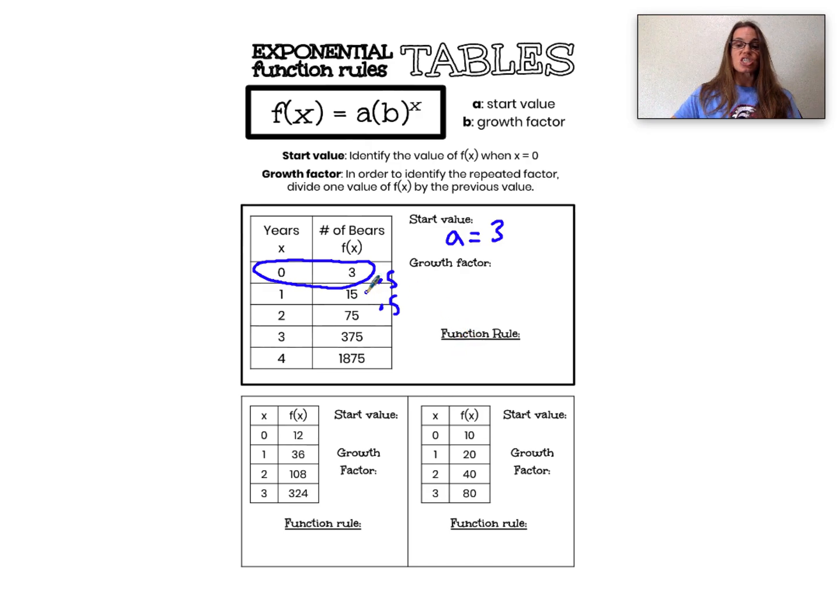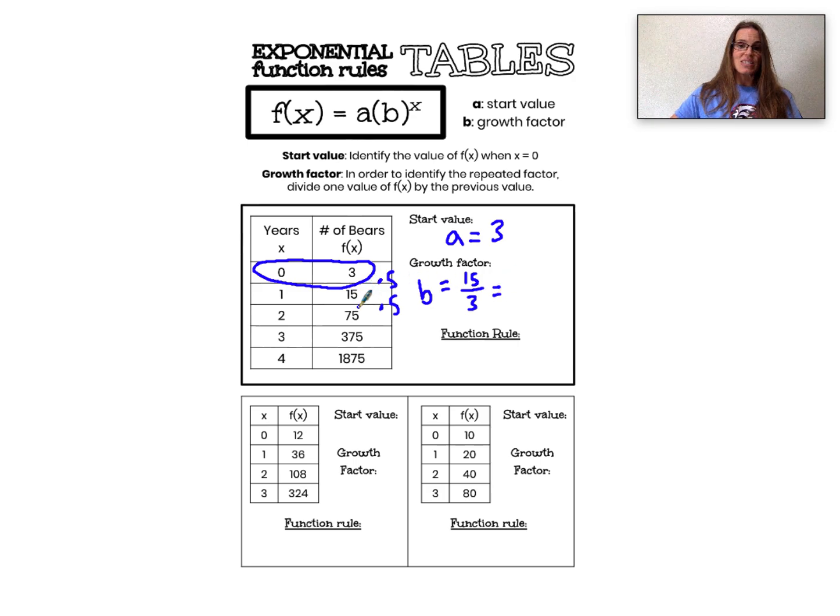If I weren't able to just look at the table and see that I'm multiplying by 5, I would use division. Using division allows me to figure out what I'm multiplying 3 by to get 15. So I start with a row, for example 15, and I divide that value of f of x by the previous value. 15 divided by 3 tells me what I'm multiplying 3 by to get to 15.